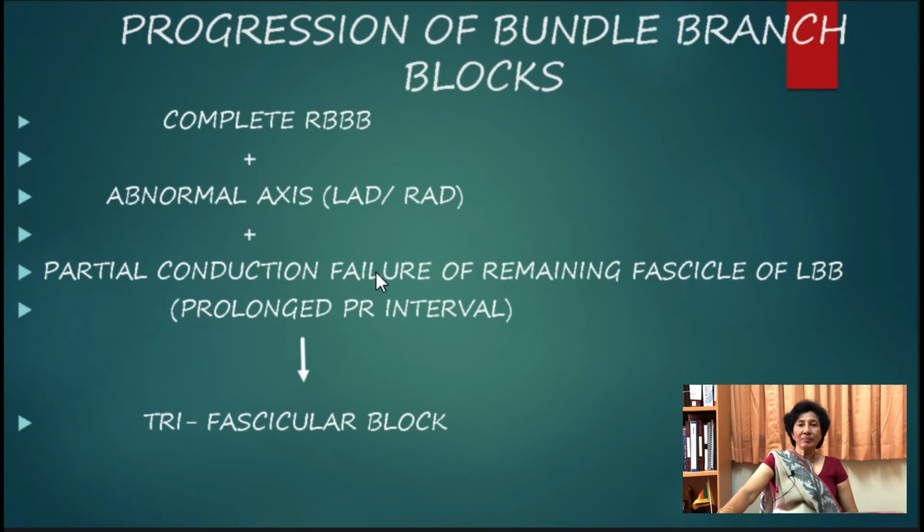The sinus impulse will take more time to reach the ventricular myocardium to depolarize the ventricle. Therefore, the PR interval prolongs. Therefore, the ECG will show complete right bundle branch block, axis abnormality, either LAD or RAD, together with prolonged PR interval. This is called trifascicular block.